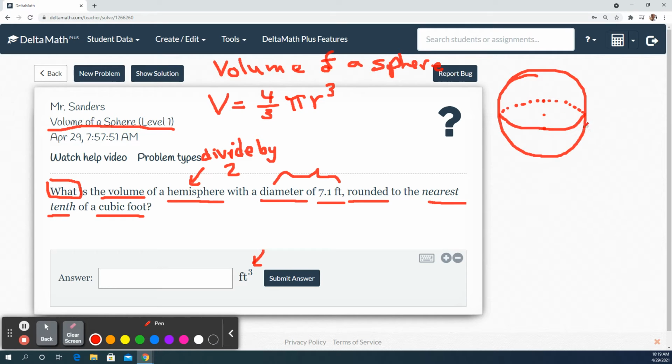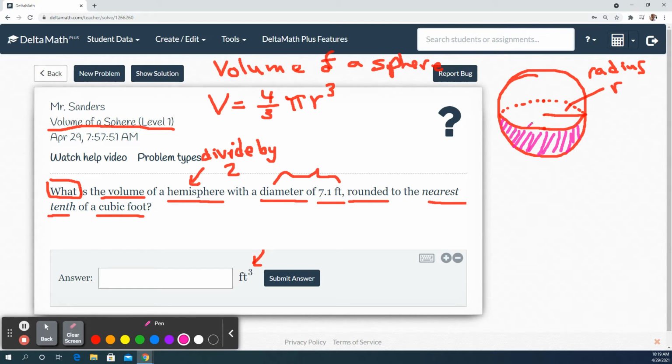And then circles and spheres, the most important thing about it is the radius, or r. All right, so there's our radius, or r. The hemisphere, looking at it, would be represented by just the bottom or the top of this object.